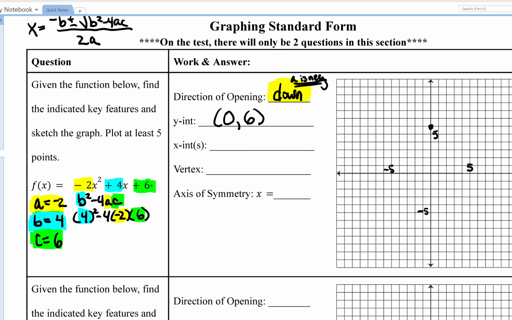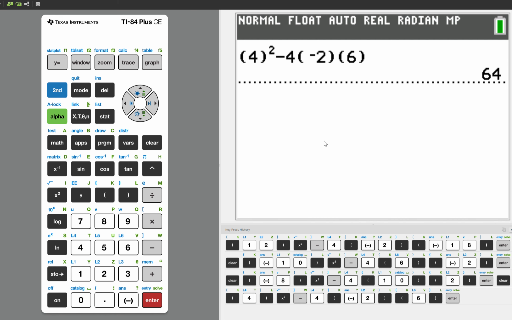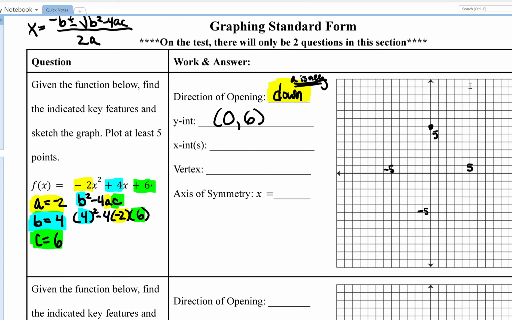Then I can plug that into my calculator. I've got 4 squared minus 4 times my A and my C, and I get 64. So this is all equal to 64.